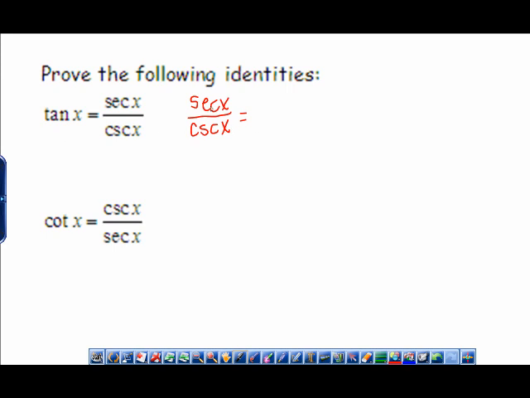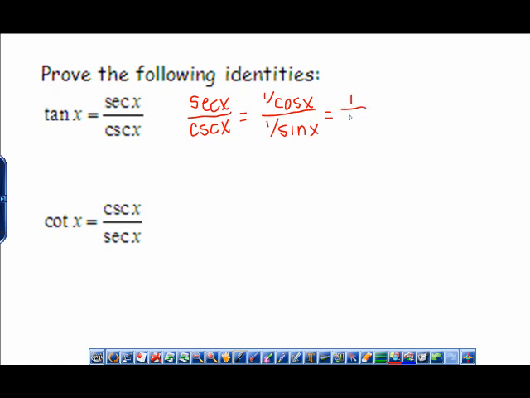So what's the only thing I know is equivalent to secant of x? 1 over cosine x. And cosecant of x would be the same as 1 over sine of x. I saw the identity that related sine and cosine to tangent, so let's think about what this would mean.